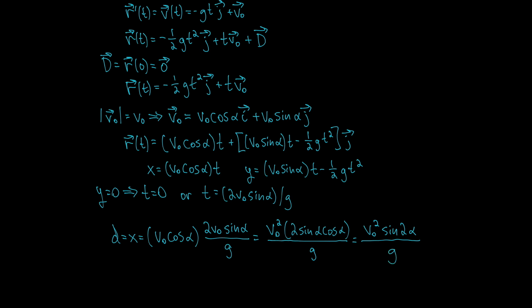So it looks like we want to maximize d, so d has a maximum value when this numerator is the biggest. The biggest value for sine is when sine is 1. So sine is 1 at 90 degrees. So that means that alpha should be 45 degrees to give us 90 on the inside. So we have our maximum distance at an angle of 45 degrees.